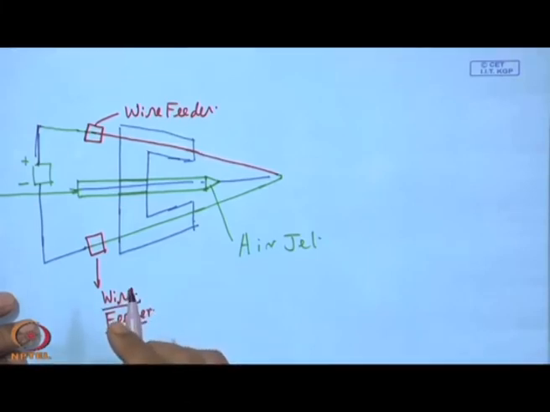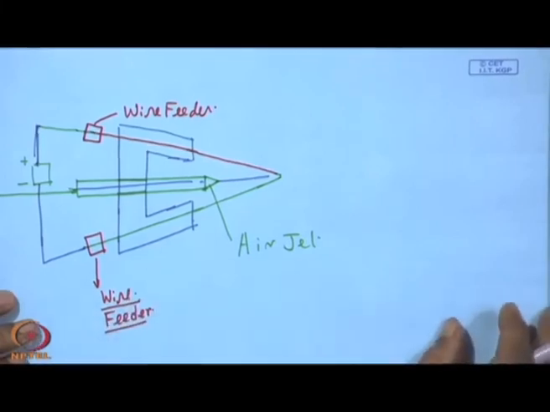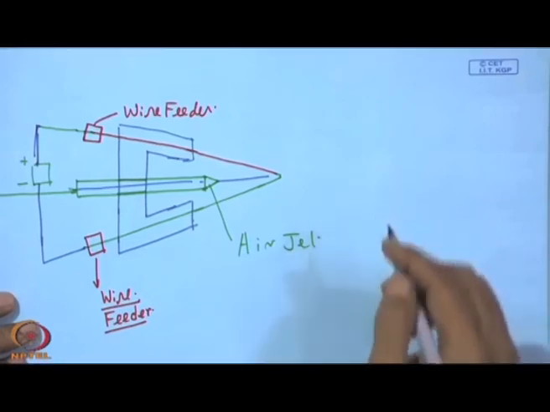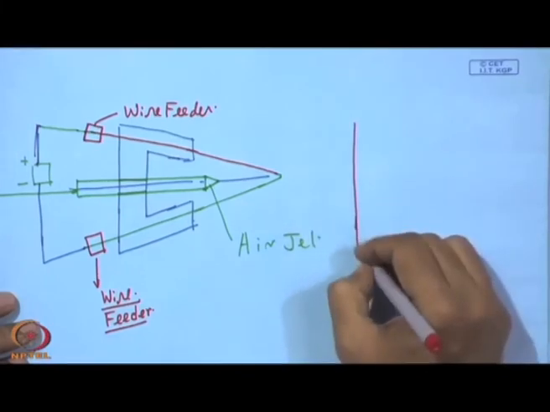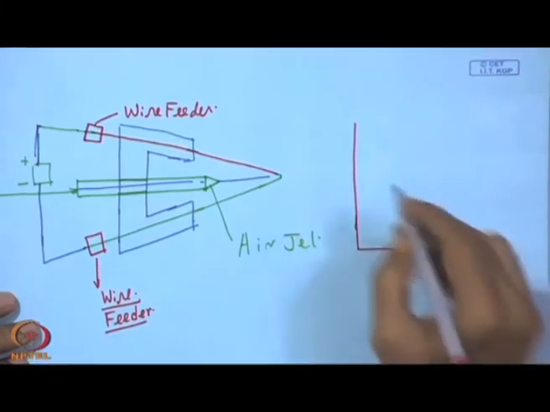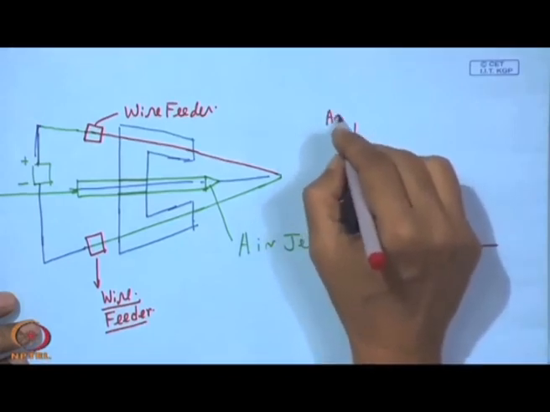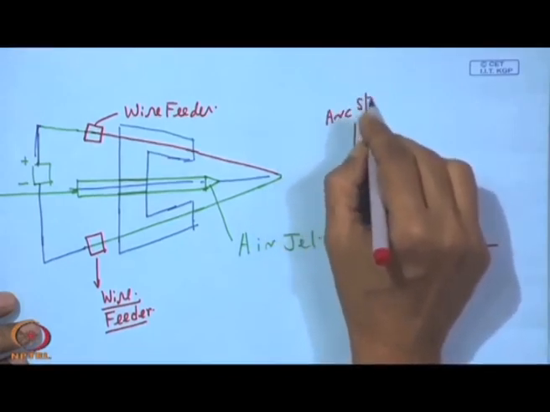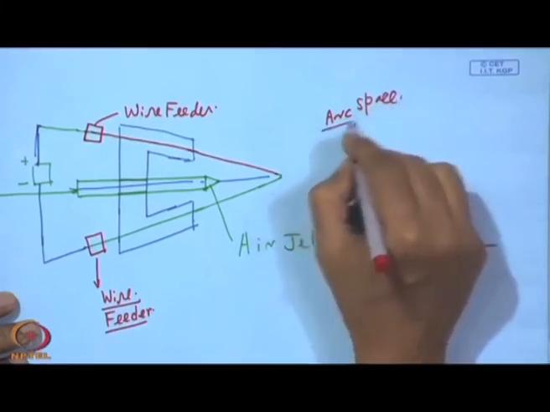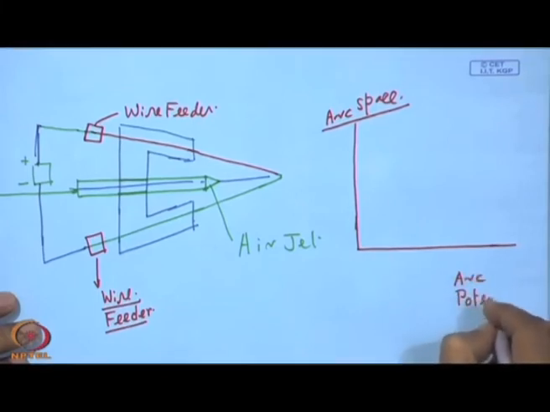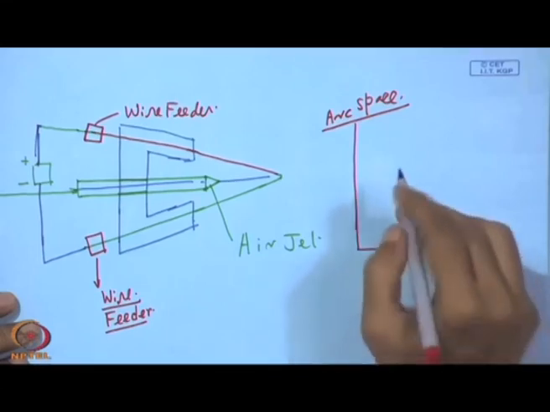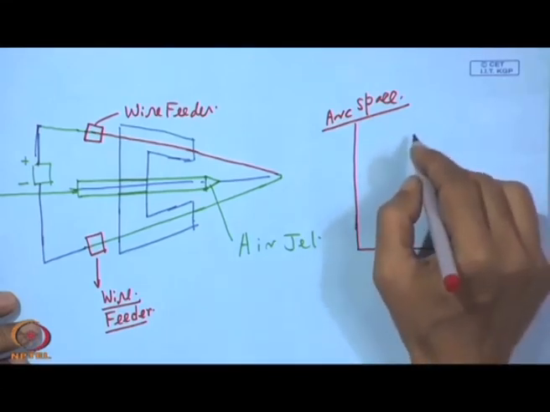So, what we see now, it is almost going to be like one electric arc. That means, if we have say arc space, and this is arc potential, then it will be like this.